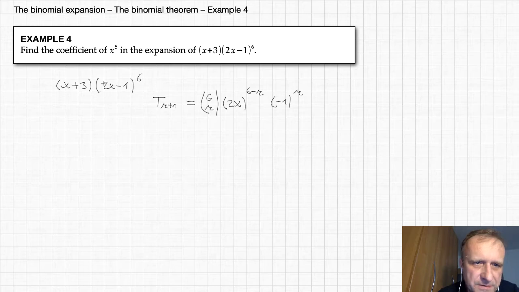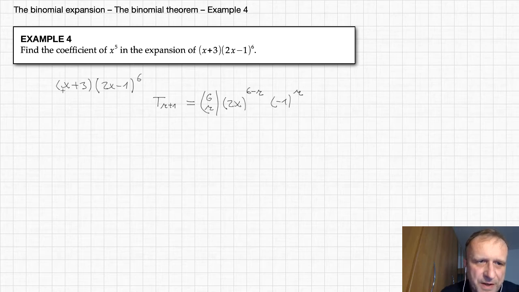So this is the general expression for the term in this expansion. Now we are interested only in those terms which can produce x to the power of 5. So imagine you have the binomial expansion of this second bracket, and now you are going to multiply by x.